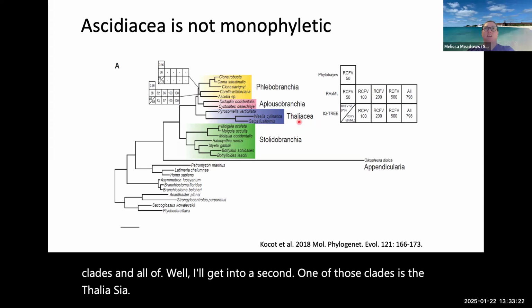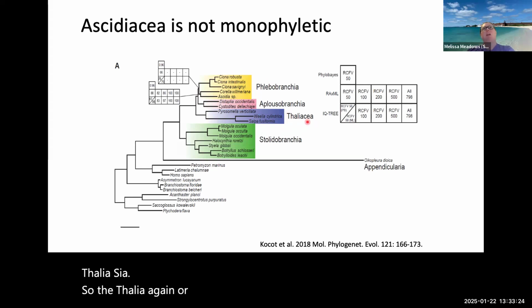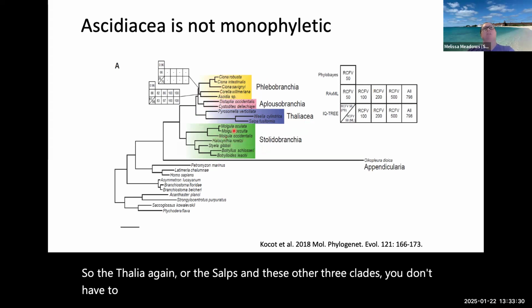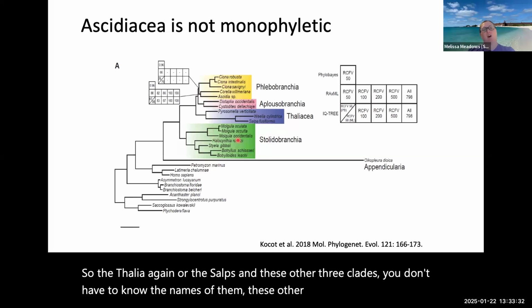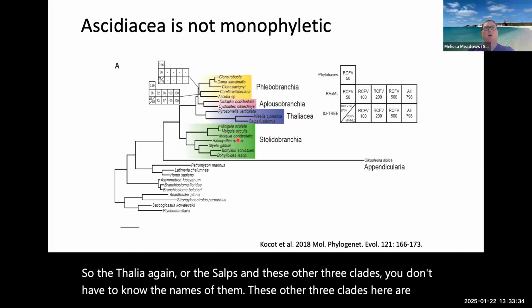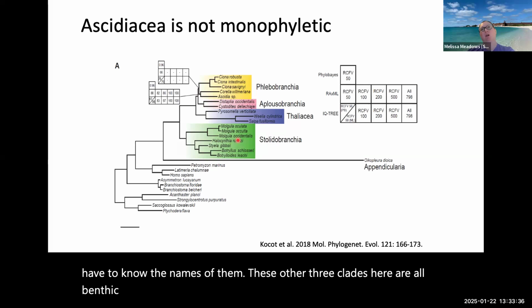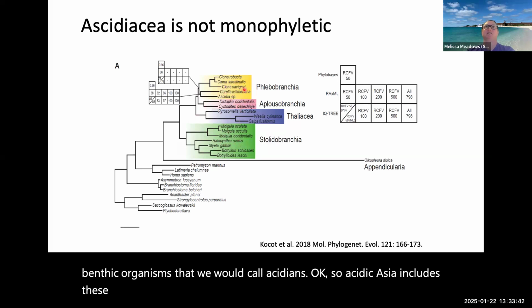The Thalliaceae, again, are the salps. And these other three clades, you don't have to know the names of them, are all benthic organisms that we would call ascidians. So Acidiacea includes these three guys.